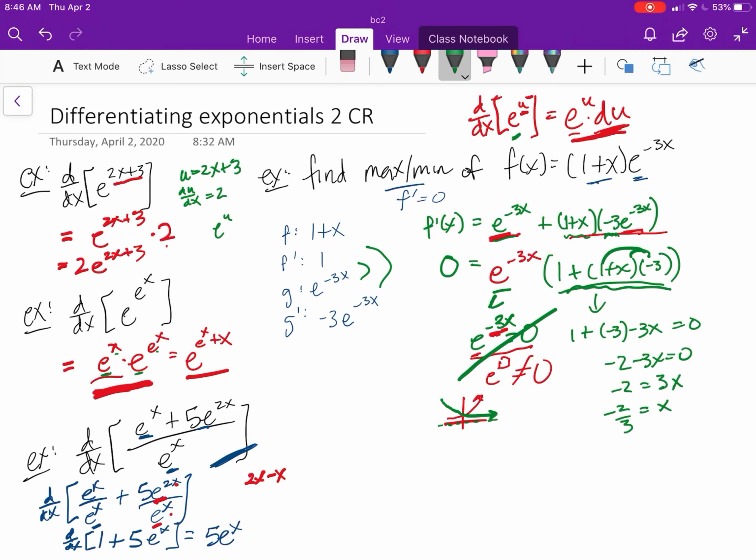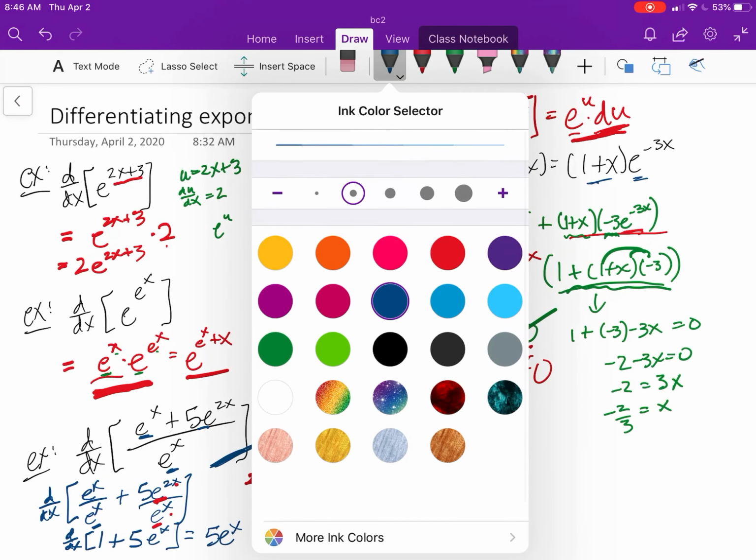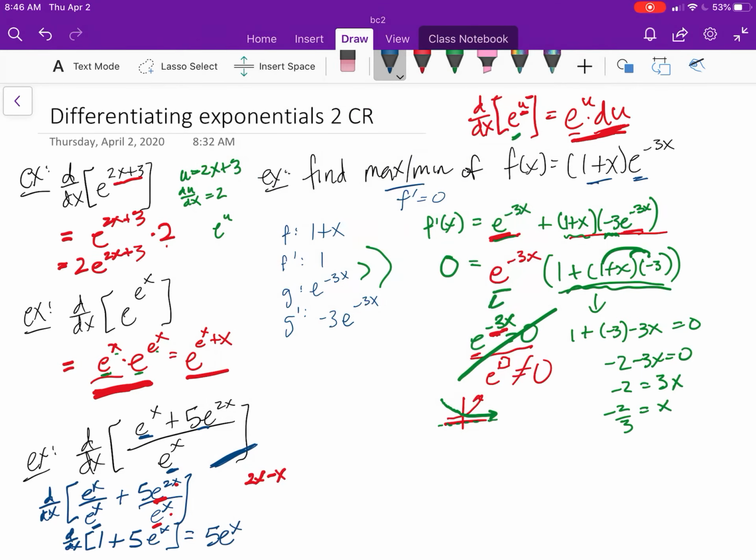Now, though, is it a max or min? Right? We need to check that. We need to verify that. So up to you. If you want to use this method, where we pick something on the left and something on the right, test points, see if we get positive and negative, see if it's increasing, decreasing, that's fine.